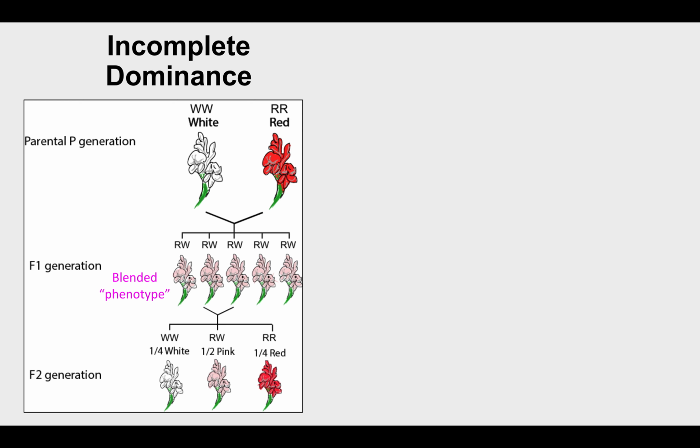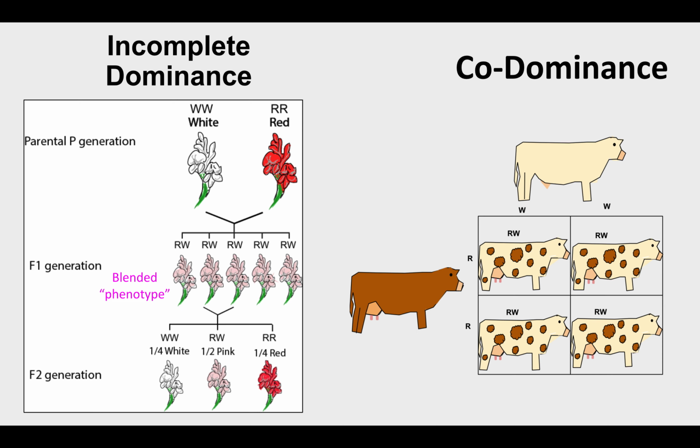We can also have codominance, which means we don't have any that are recessive. We don't have those that will blend together, but rather both of the alleles are going to fight to be expressed. And we might see something showing up that's a little bit of each, in this cow example here.